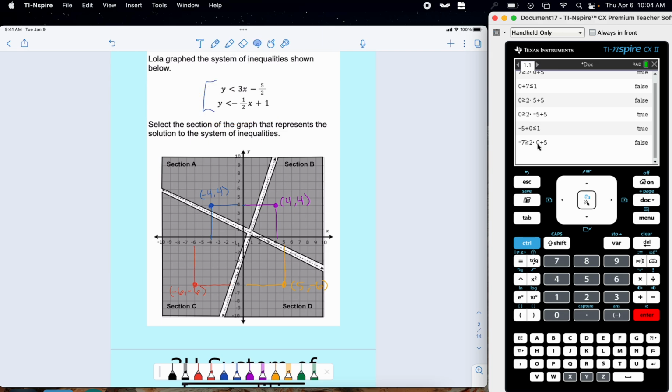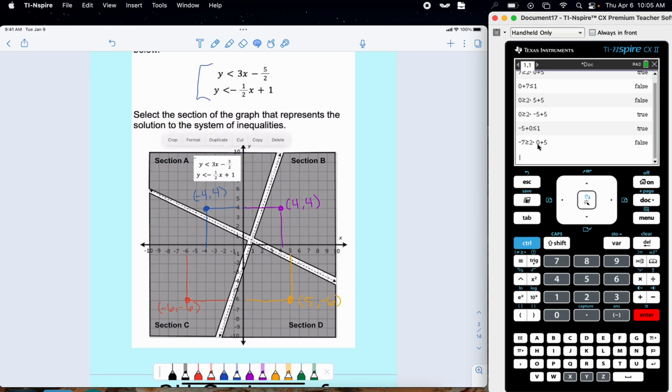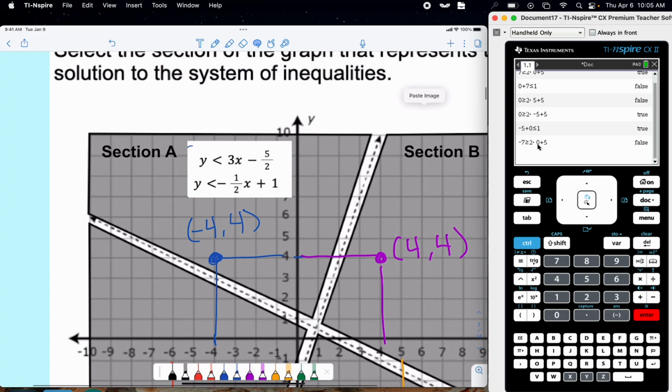So I'm going to try it for section A. So let's zoom into section A. I'm going to replace my y values with 4 first. So 4 goes for y. Let's move up 4.